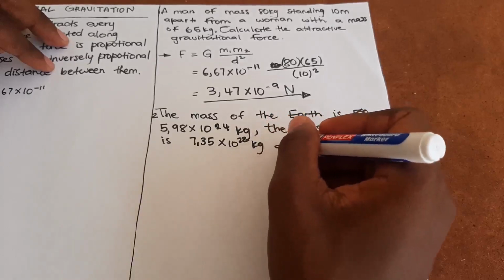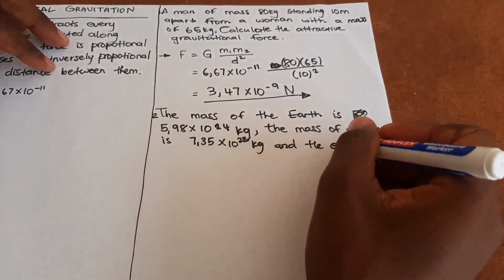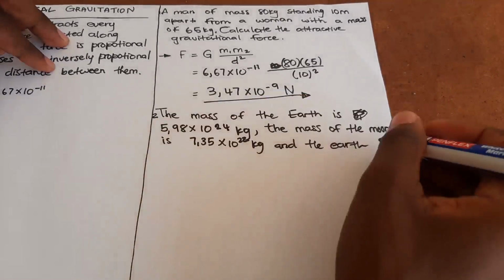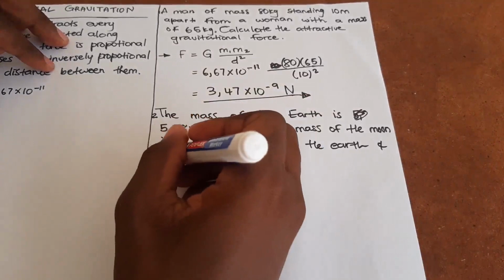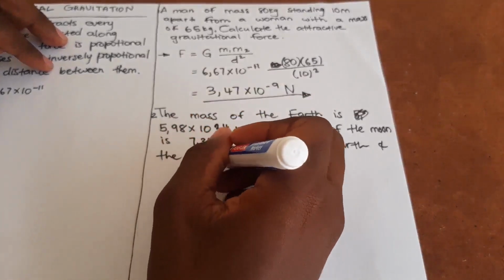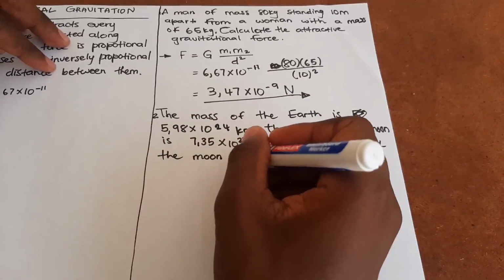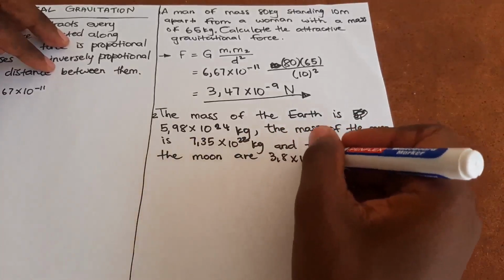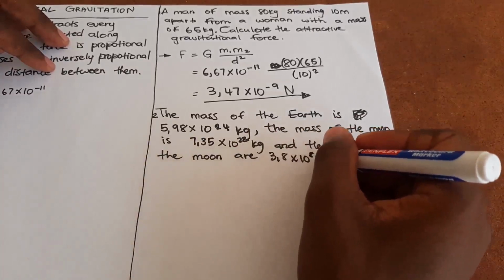The earth and the moon are 3,8 multiplied by 10 to the power of 8 meters apart.